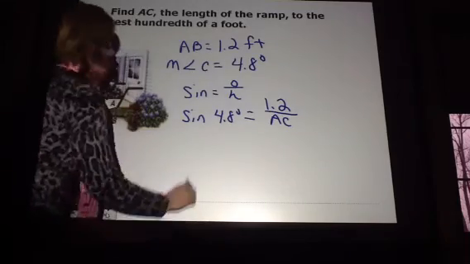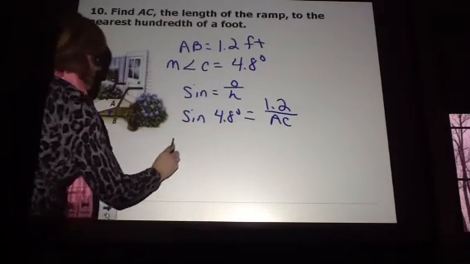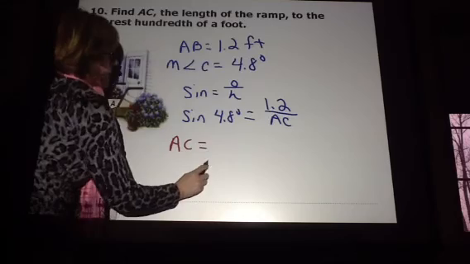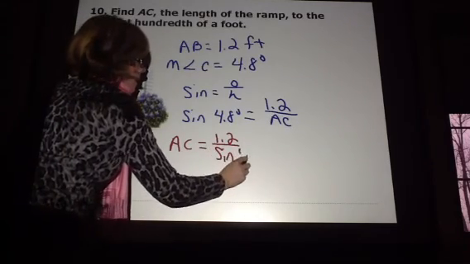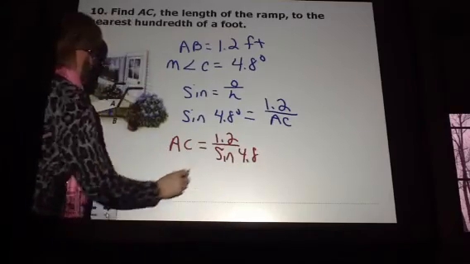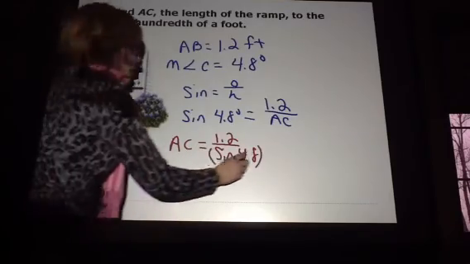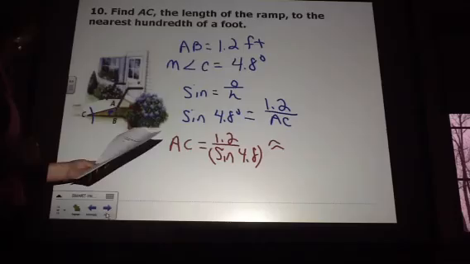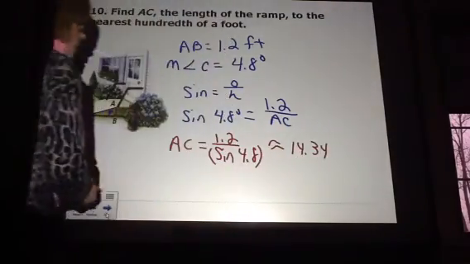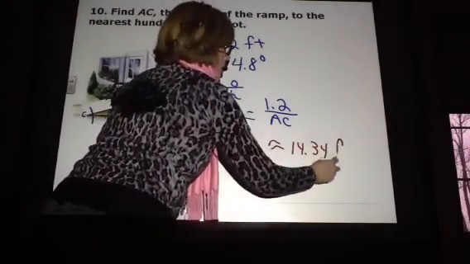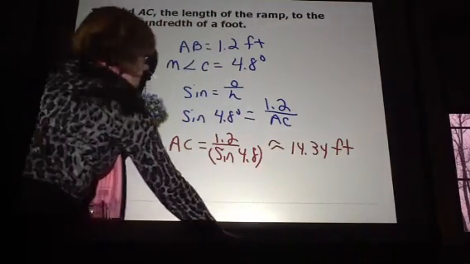Okay, so this is where you multiply both sides by AC, and then divide by the sine of 4.8. So take 1.2, and divide by the sine of 4.8, make sure you use that in parentheses, and you're going to get approximately 14 and 34 hundredths, and we're talking about feet.